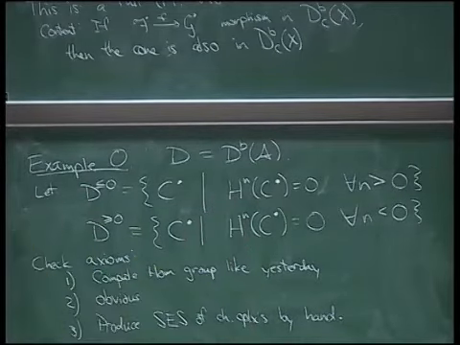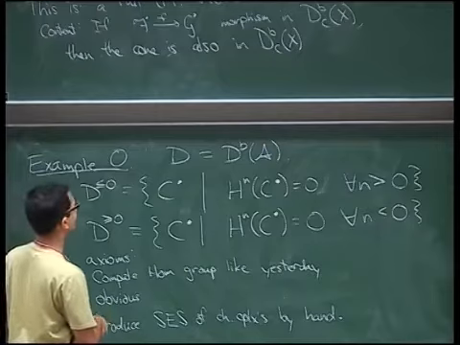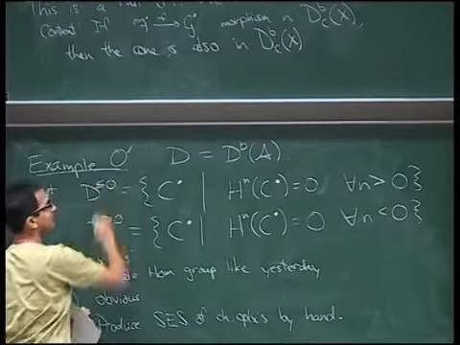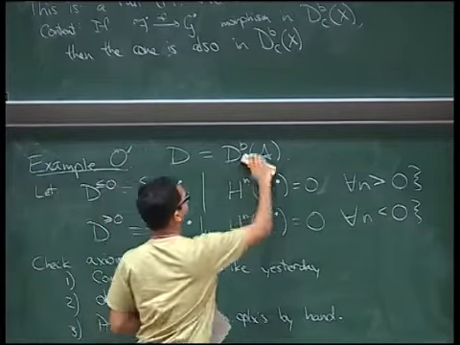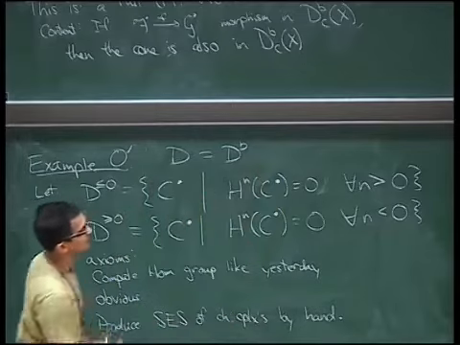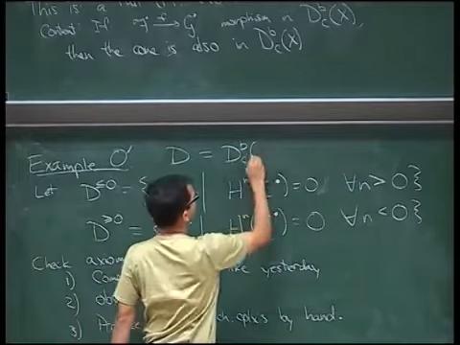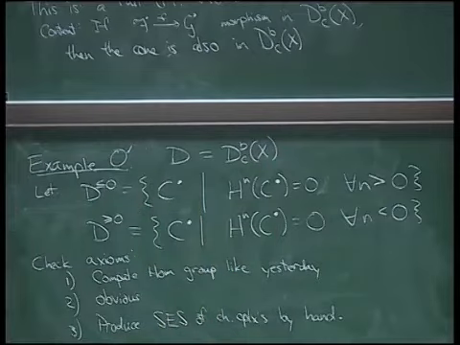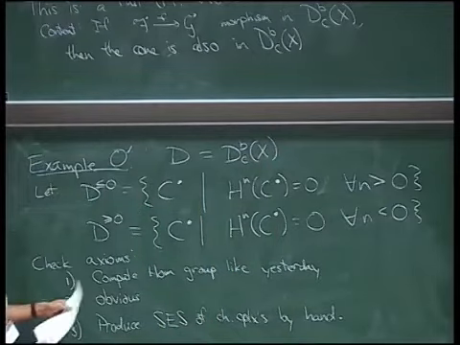Now the next thing I want to do is define D less than or equal to 0 and D greater than or equal to 0. So I'll just add a prime here. I'm going to use exactly the same definition as we used before. Now we're working in DbcX, but the definition is exactly this.